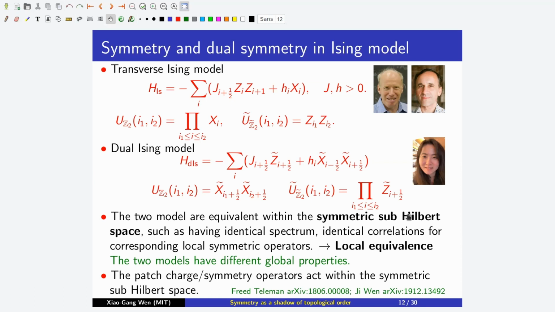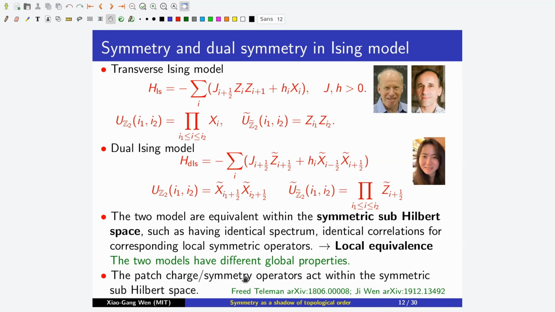So even when the global symmetry transformation acts trivially, we should have a way to say, even within the symmetric subcarrier space, we can see the symmetry. The symmetry is there. So this is really a motivation to introduce a patch symmetry operator and a patch charge operator.